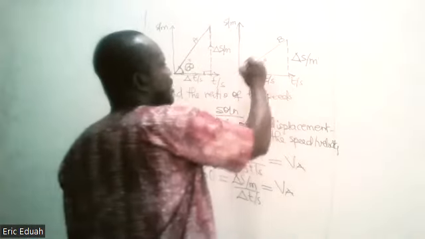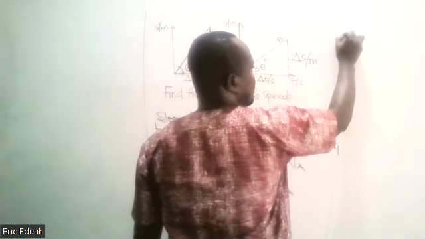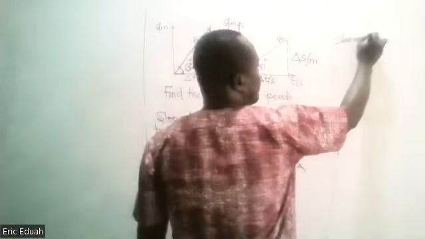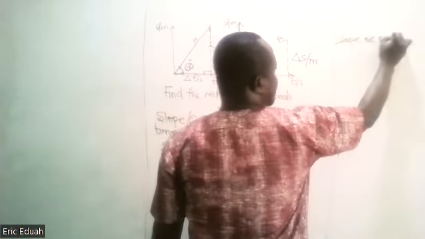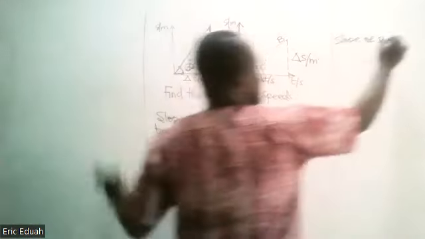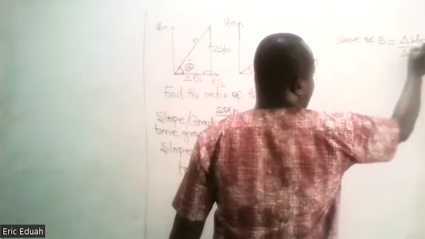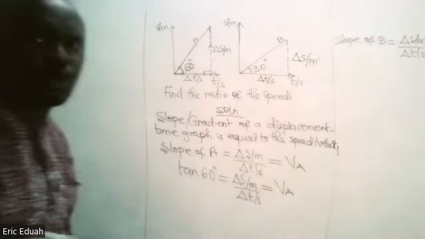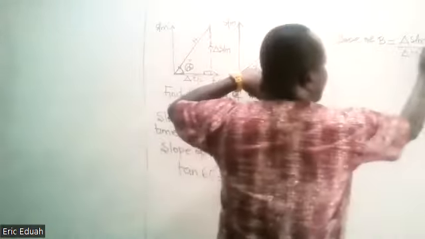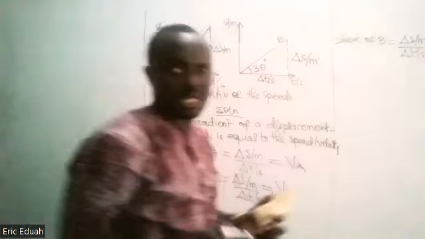If we are to find the slope of B, it is also equal to the change in the vertical, which is delta S over delta T. And so we also conclude that the slope of this would also give us the velocity of B. Please, class, are we fine?